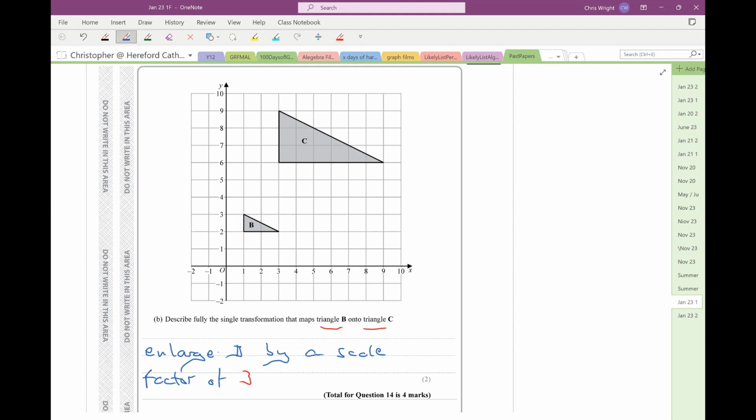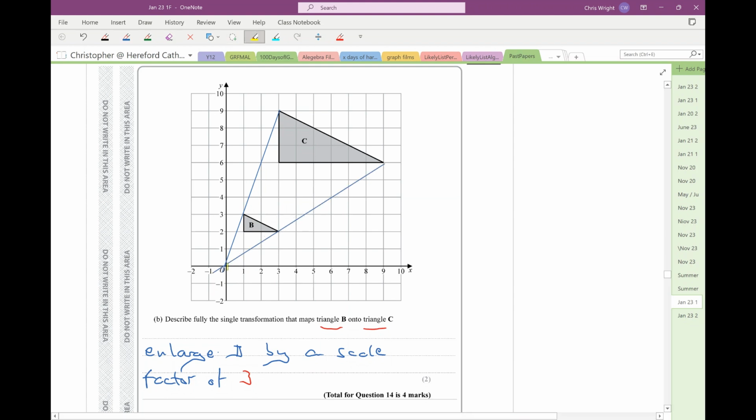Now, what about the centre of enlargement? Well, to find the centre of enlargement, I'm going to use a pencil and a ruler, and I'm going to join up the corresponding vertices, the corresponding corners of each of these shapes. So I'll join up those, and then I'll also choose this one here and join up these ones. Okay, and there you are.